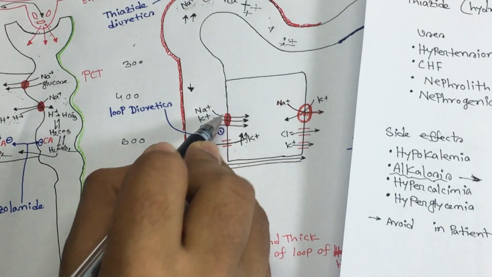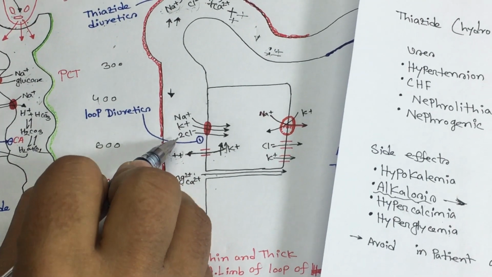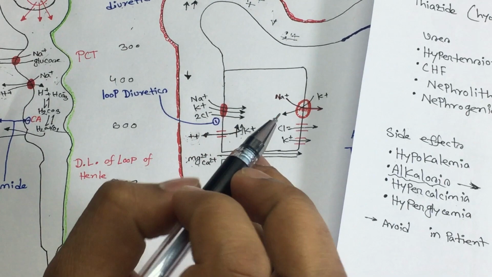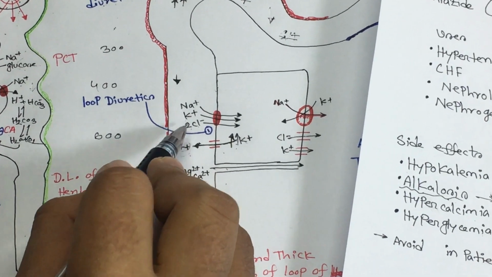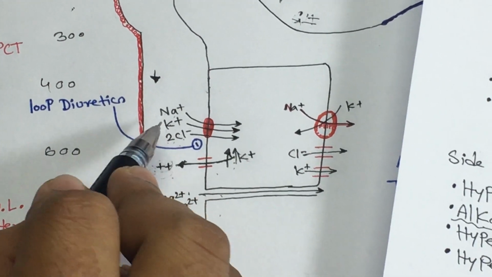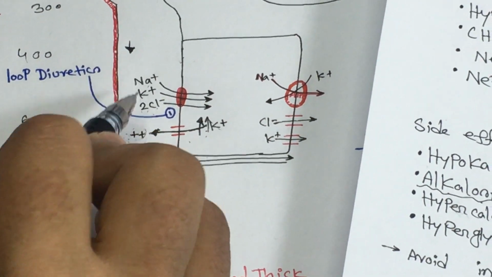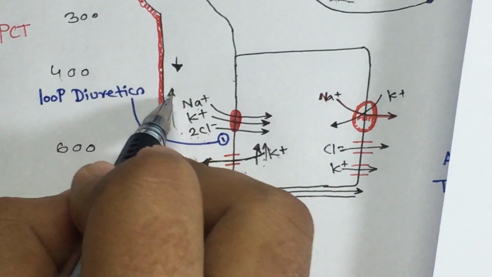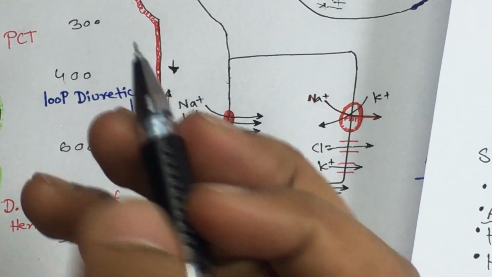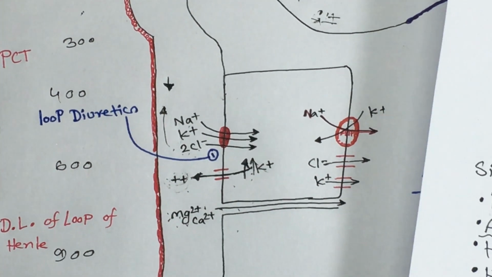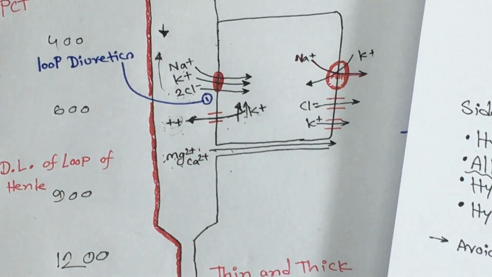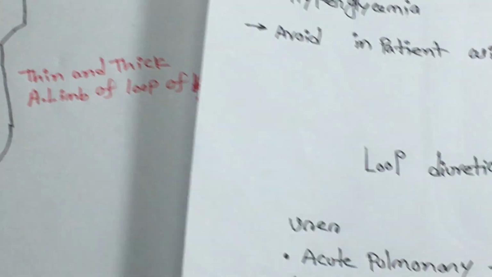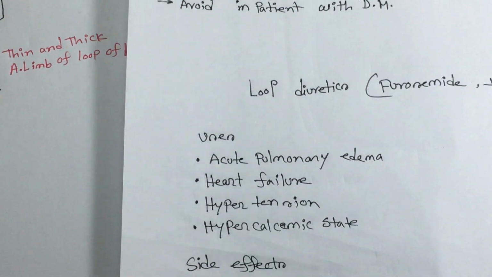So it will inhibit this sodium potassium two chloride co-transporter. So you are losing these ions, and losing these ions means you will also lose water, which will decrease your blood volume. That means it will also help in acute pulmonary edema.